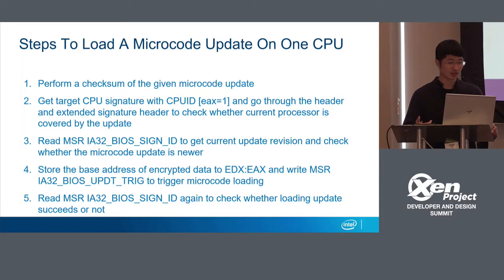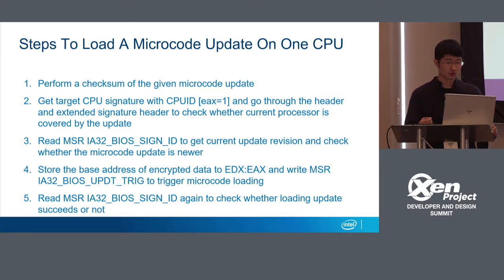We can get the current CPU signature with the CPUID instruction and go through the header and extended signature header in the microcode update to check whether the current processor is covered by the update. And then we can read the MSR 0x8B's signature ID to get the current update revision and check whether the microcode update is newer.